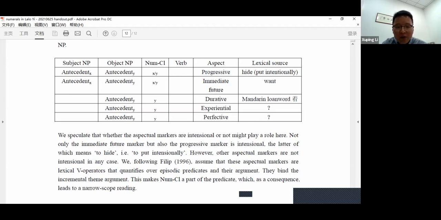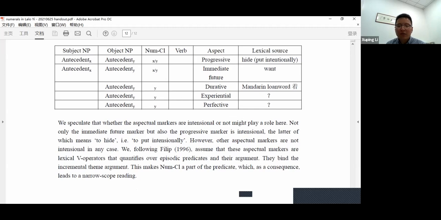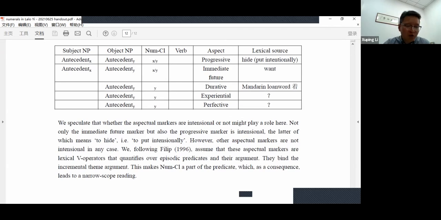If we follow Hannah Phillip, we may assume those aspectual markers are lexical V operators that quantify over the episodic predicates and their arguments, and then they may bind the incremental theme. This makes numCl sort of a part of the VP, which might lead to a narrow scope reading. All right, I think that's all I want to present. Thank you.